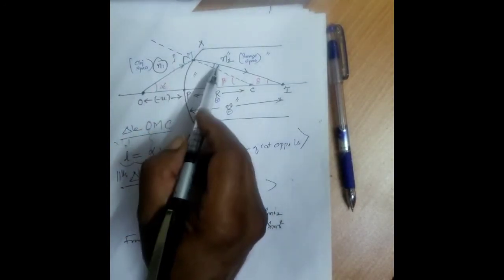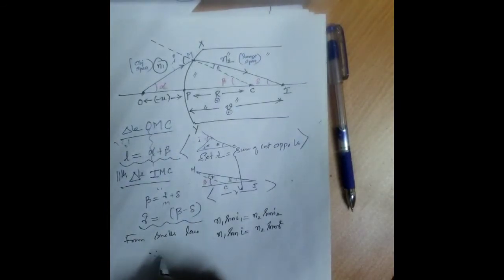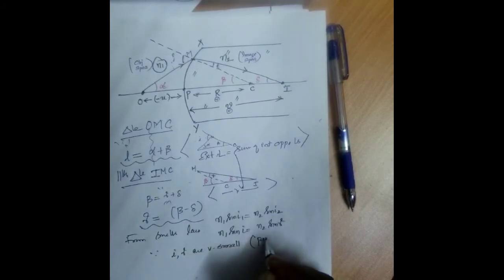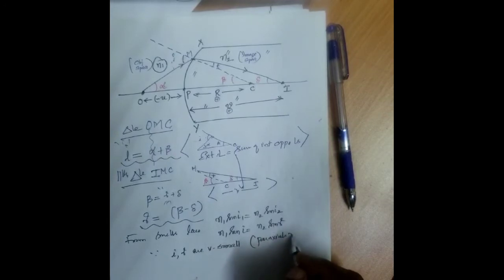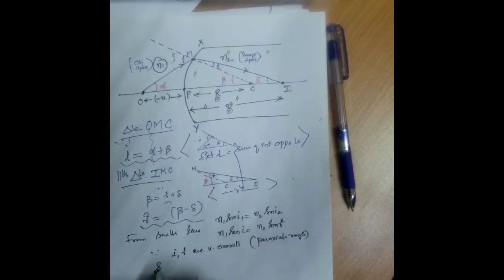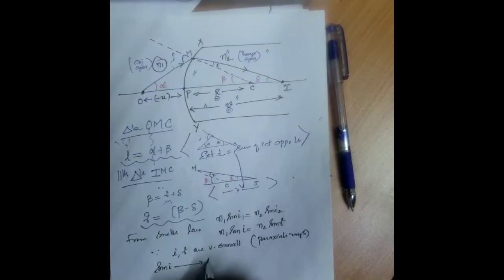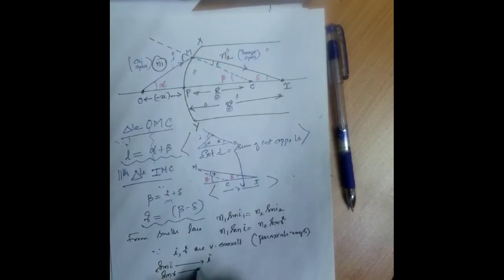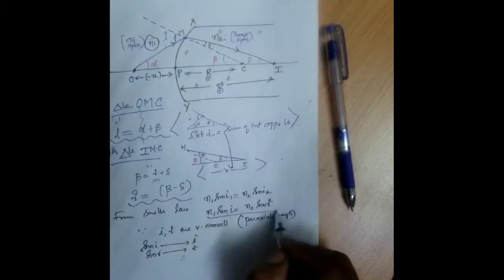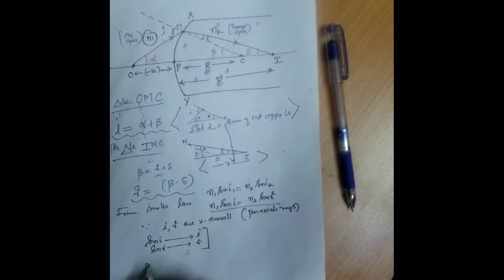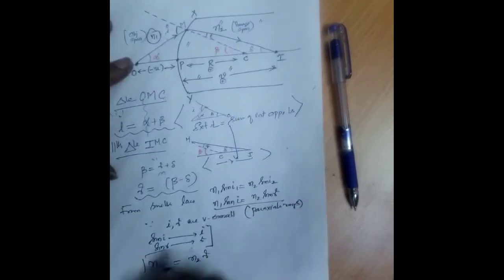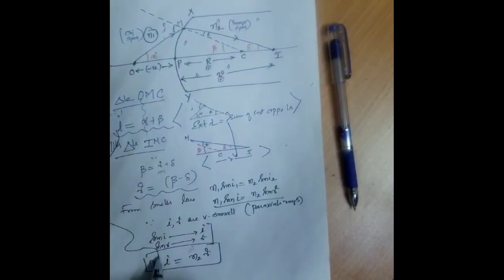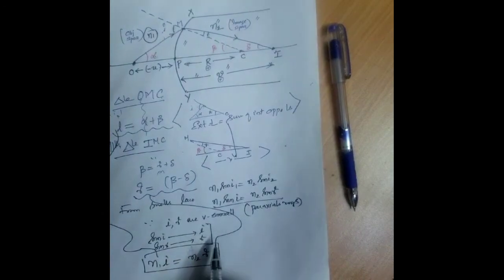Here I1 and I2. Since I and R are very small, right, for paraxial rays, sin I tends to I, sin R tends to R. Therefore, this I can write N1 I is equal to N2 R. Then you substitute I here, R you substitute here.